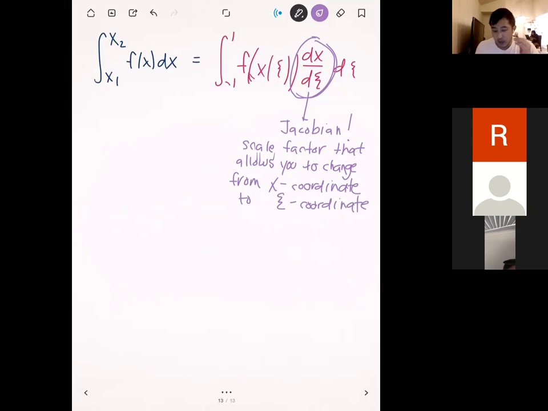We're changing from any arbitrary integration bound from x1 to x2 to an integration bound that goes from -1 to 1.